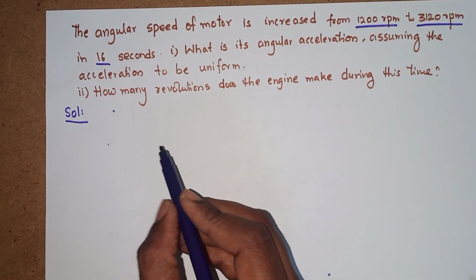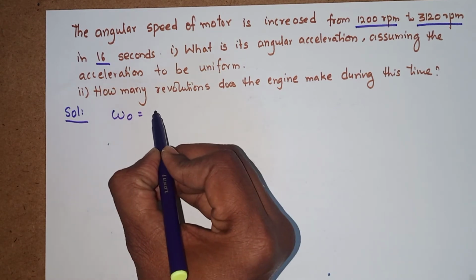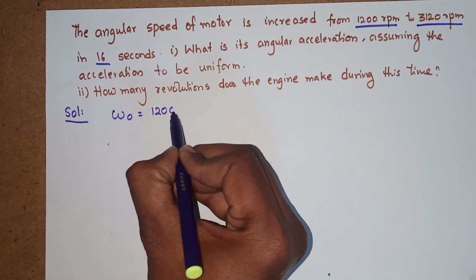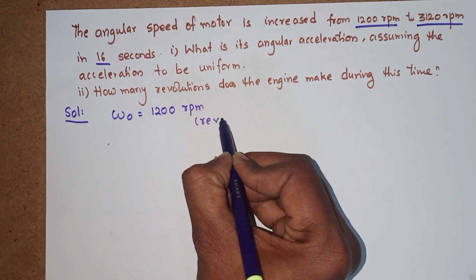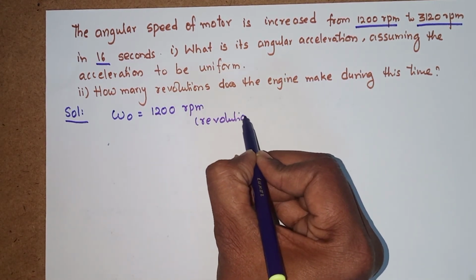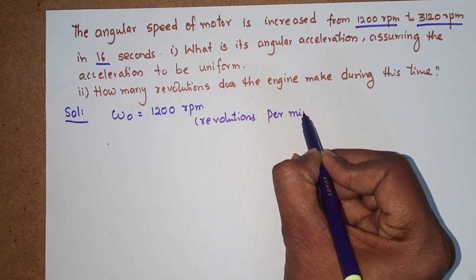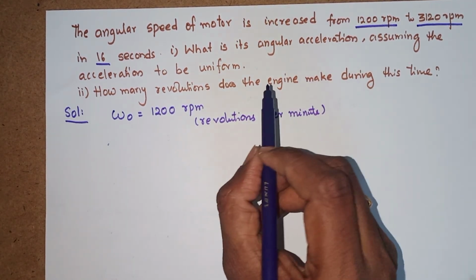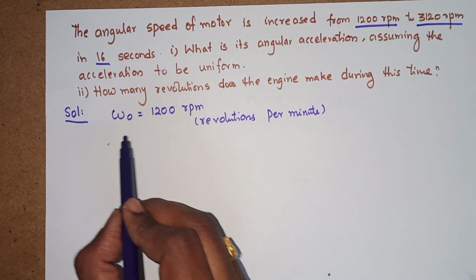First we convert into omega naught. The initial angular velocity omega naught is given as 1200 rpm, meaning revolutions per minute. We convert it into radians per second.